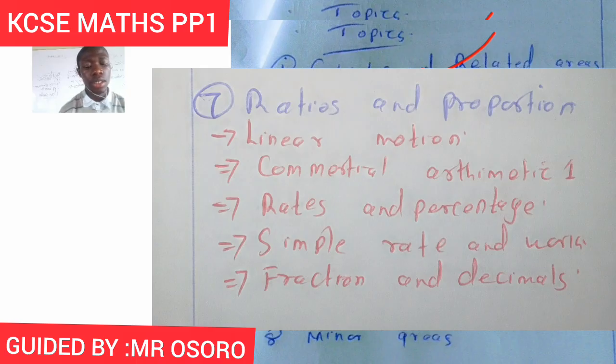You look at things like rates and percentages. This is a Form 1 topic. You look at things like simple rate of work. Those are Form 1 topics. Fractions and decimals.